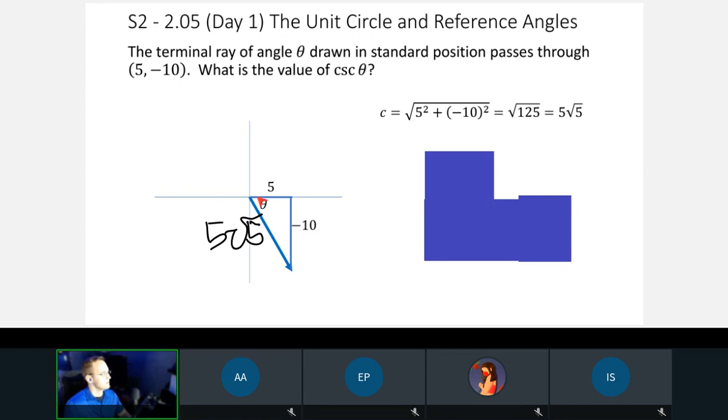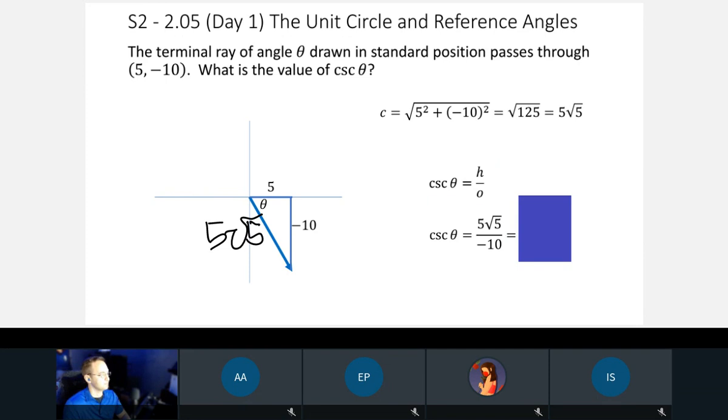So cosecant is hypotenuse, so 5 rad 5 over opposite, which is -10. And we reduce that. 5 over 10 becomes 1 over 2. And it's negative out in front.